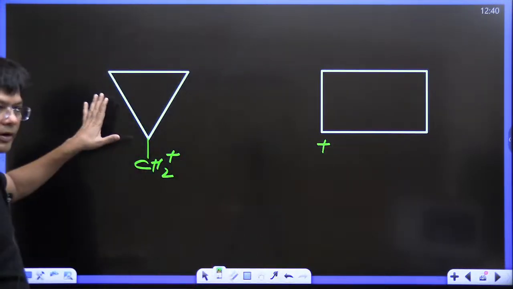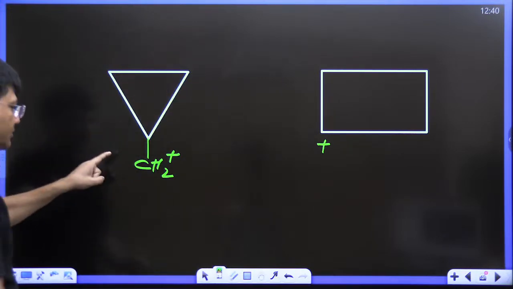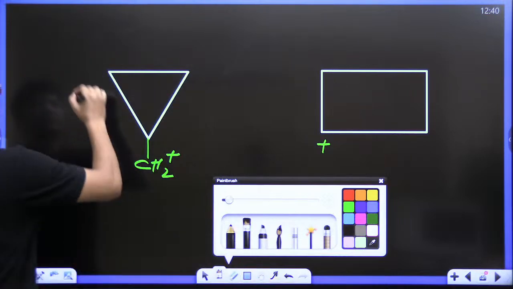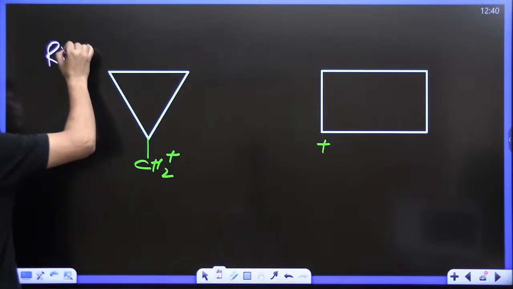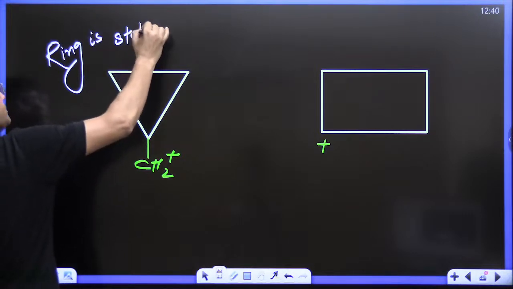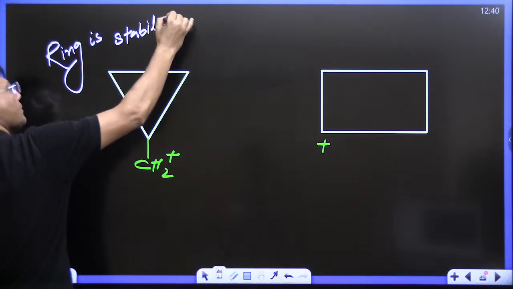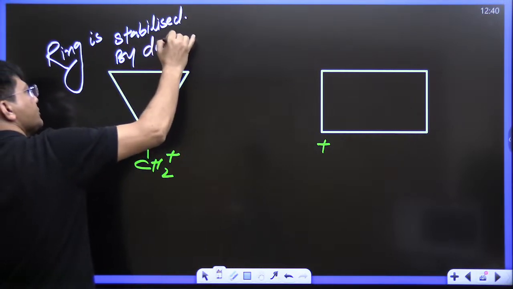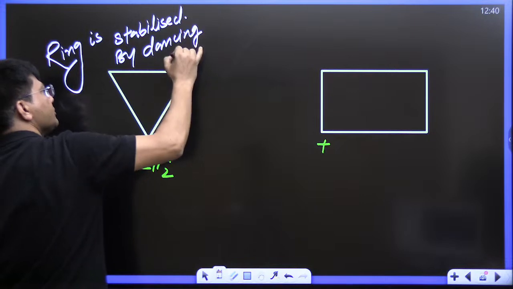This is a more stable ring than that. This ring is stabilized by dancing resonance.